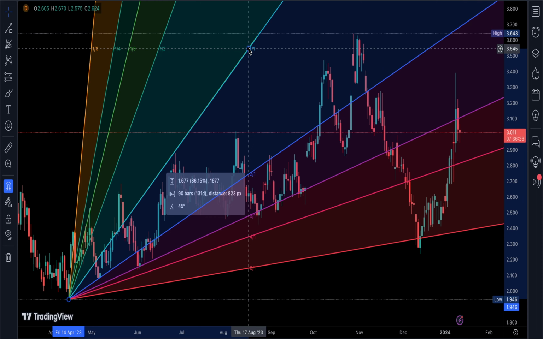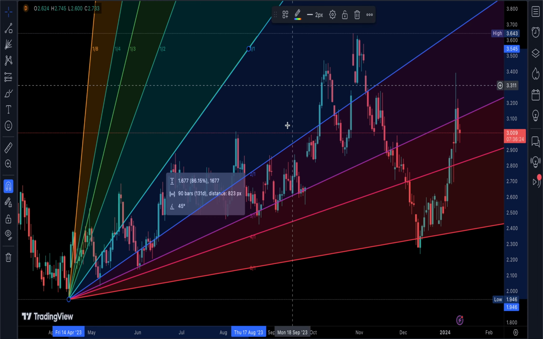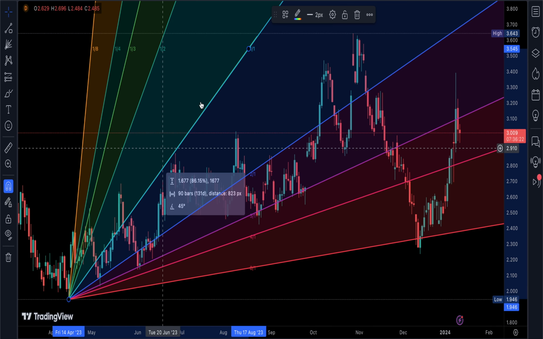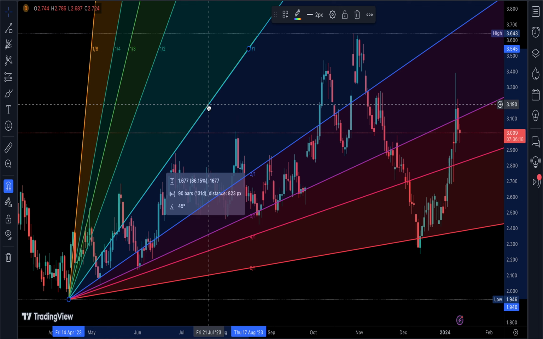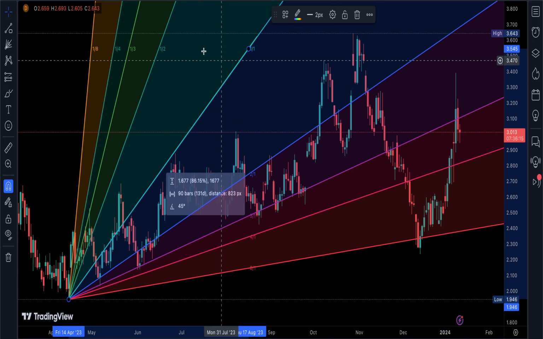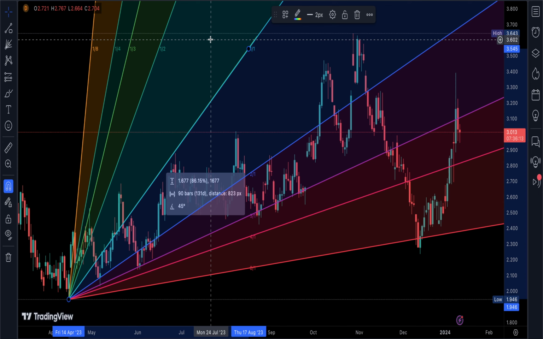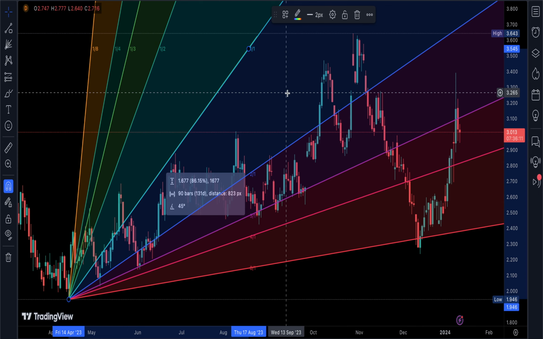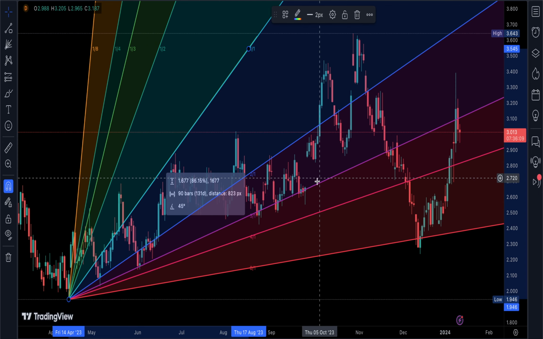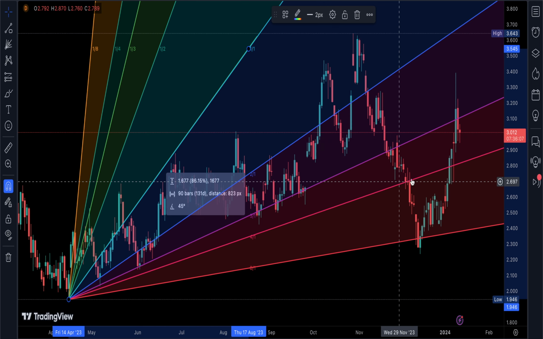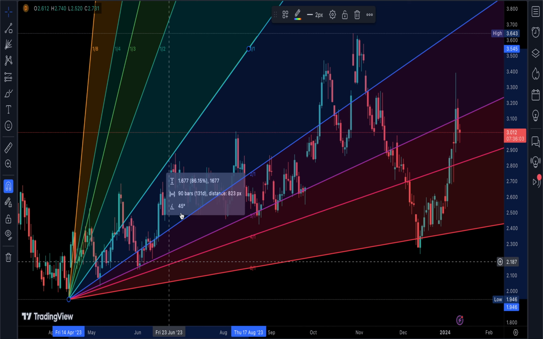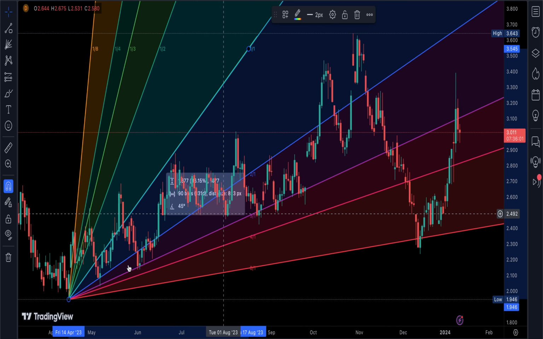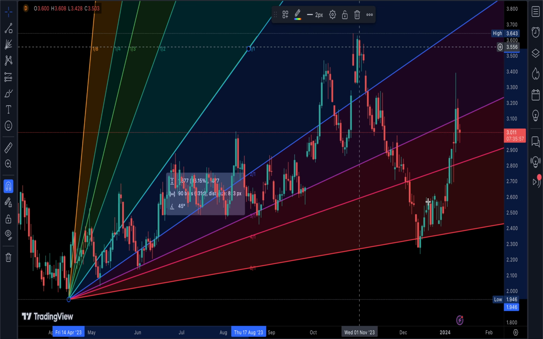And this is where the theory is that price or stocks or anything that's above the 45 is in a stronger position compared to below the 45. So we're still on the weaker side in regards to angles. And then you can look at how it was finding support.